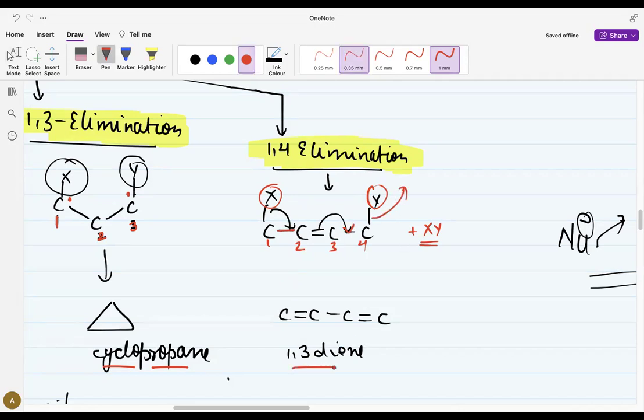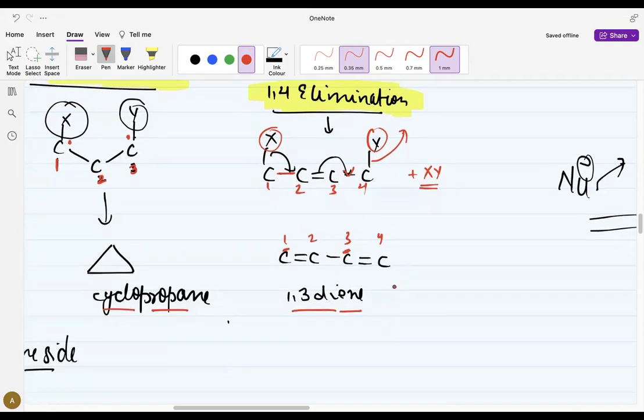So you will get 1,3 diene, 1, 2, 3, 4. The name, if you write it, is 1,3-butadiene. Butane, 1 2 3 4, the word root is but, and diene because you have two double bonds, therefore diene we have used.